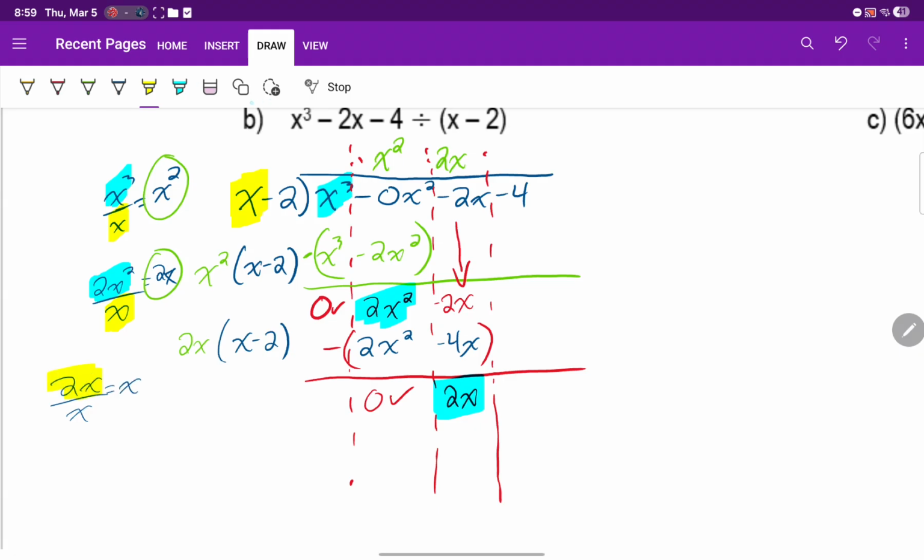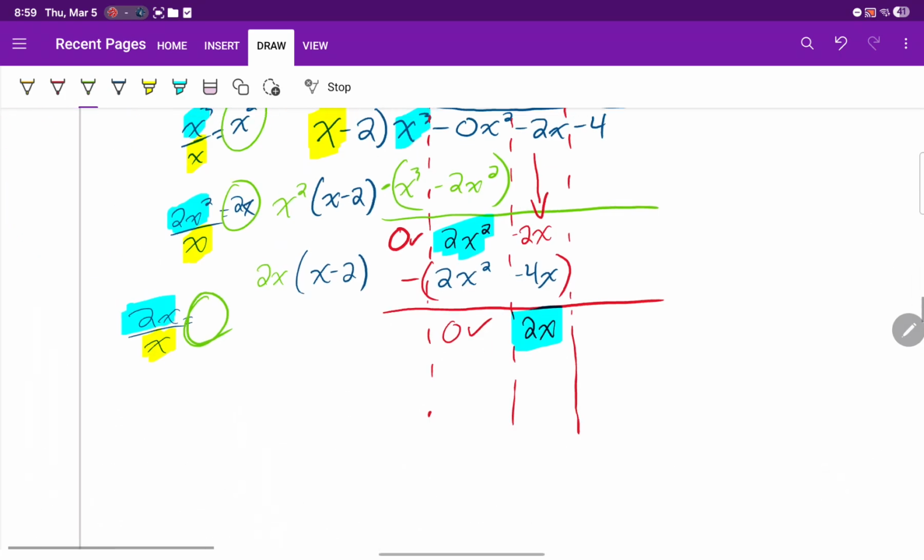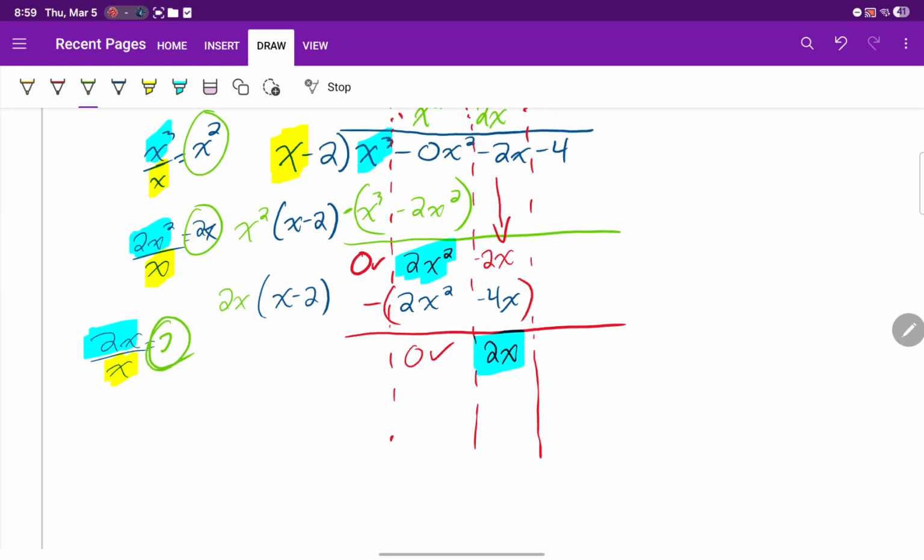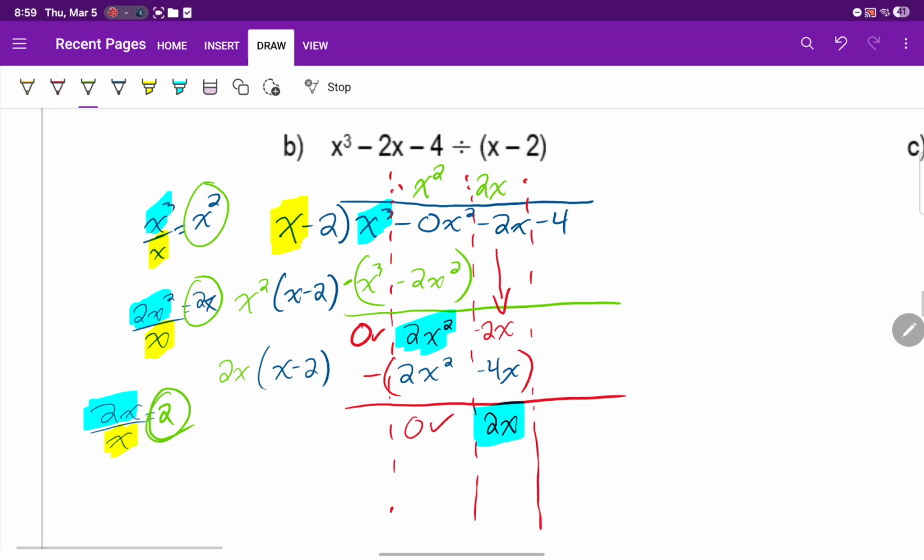That's blue. That's yellow. I take this x, I put it up at the top. Oh, wait. I am mistaken. I get 2. I put it up at the top. Now I take that 2 and I multiply it by my divisor.